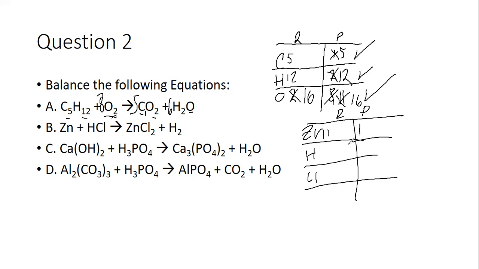So 1 zinc on the left, 1 zinc on the right. 1 hydrogen on the left, 2 hydrogens on the right. 1 chlorine on the left, 2 chlorines on the right. So zinc is good to go. Don't touch that. Hydrogen and chlorine, though: 2 on the right, 1 on the left. That's an easy fix. Just put a 2 right there. And now it's 2H, 2Cl, and we're all good to go.